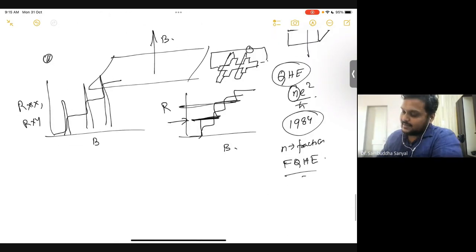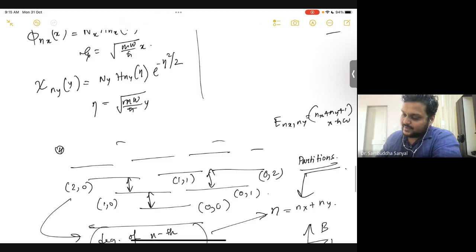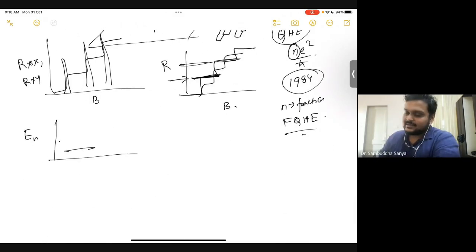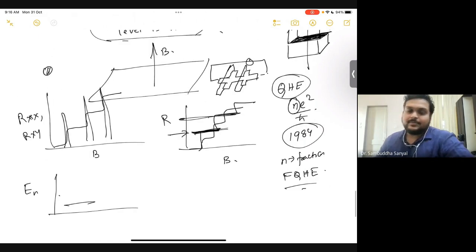So if I plot these energy levels of the 2D harmonic oscillator, okay, I have already plotted them. You will find this is your En. You will find this, and then 2 lines and 3 lines and so on. So what it turns out is that where you find those lines can be understood from where you find these plateaus. And this is a topological phenomenon in the sense that it doesn't depend on the details of your Hamiltonian.